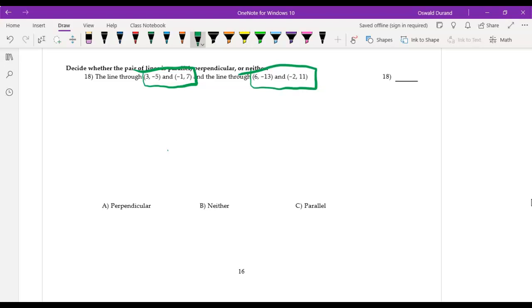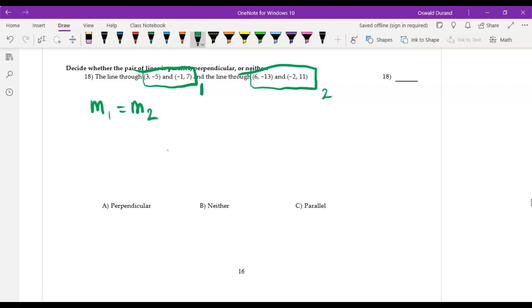All right. So if these 2 lines are parallel, the relationship should be m1, the slope of the first line, equal to m2. That's line number 1, line number 2, and the slope 1 is going to be equal to the slope 2.